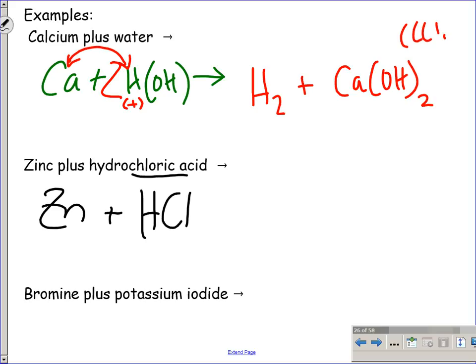Okay, so chlorine is Cl. 1 plus, 1 minus, crisscross, we're done? Okay, so there's our reactants. Are you starting to see how the patterns look? If you got a single element and then a compound, that has to be a single replacement reaction, because in this case, zinc's like, I want to get with chlorine. I really want to, but is it active enough? Is it cute enough? Whatever you want to say.